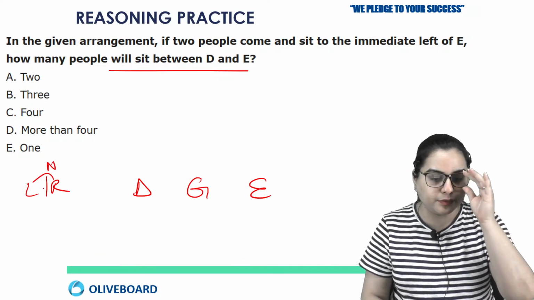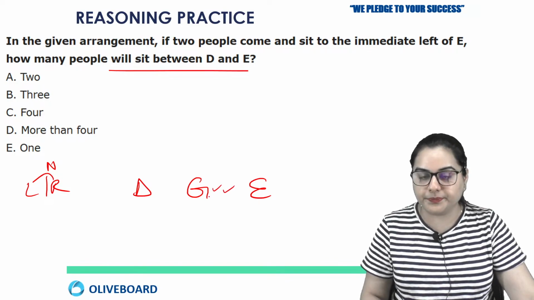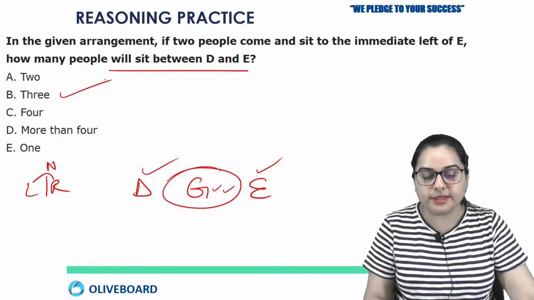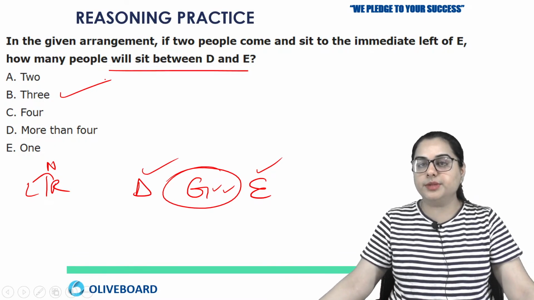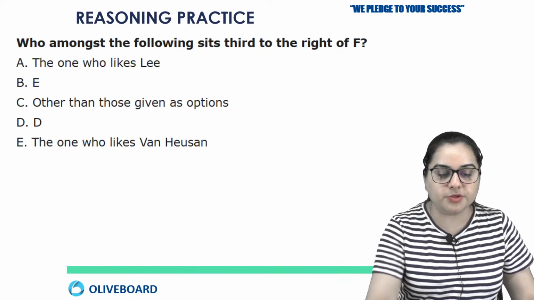He says if two people come and sit to the immediate left of E, that means two people are going to come here, between G and D. So there will be three persons between D and E. So the answer here will be option number B.